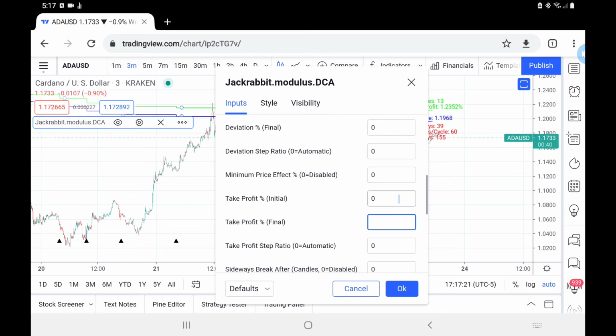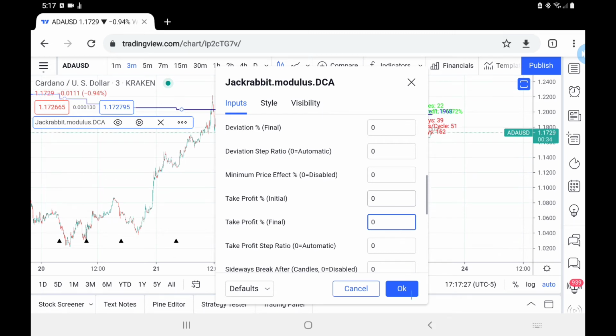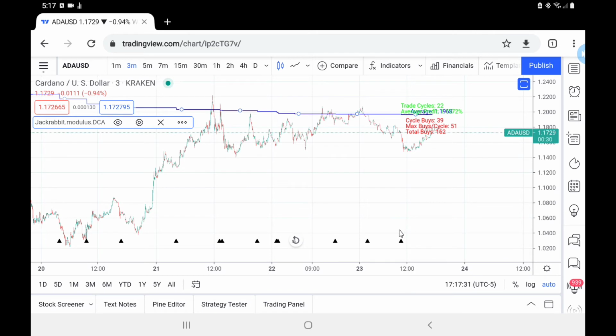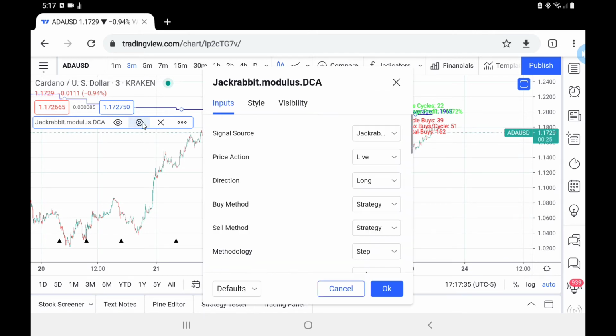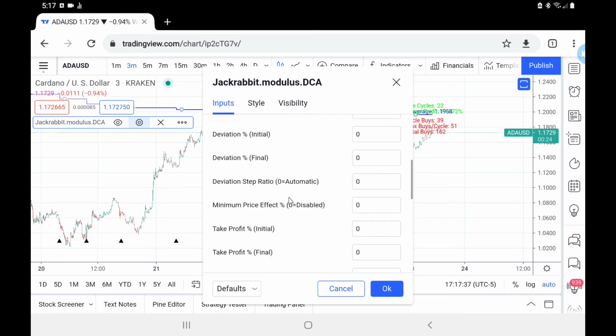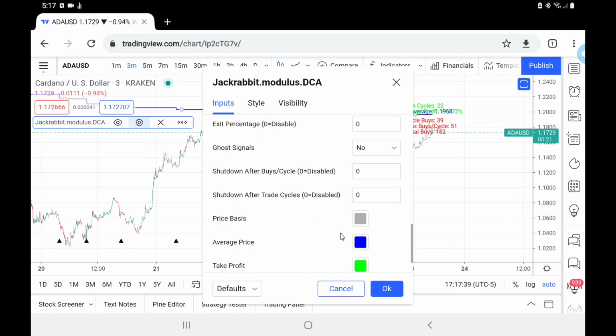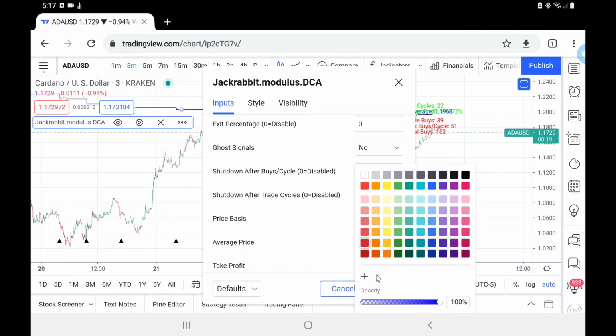And here you have an incredibly powerful tool. Let's turn off the average, or at least make it invisible, which is really what this does.